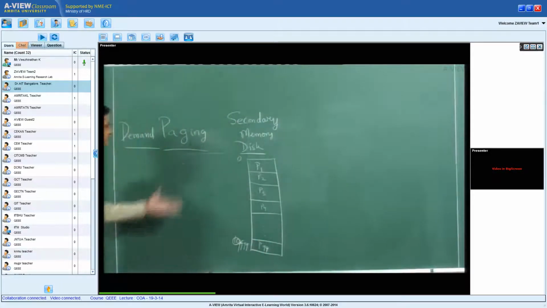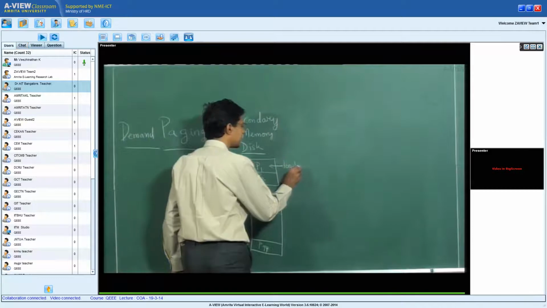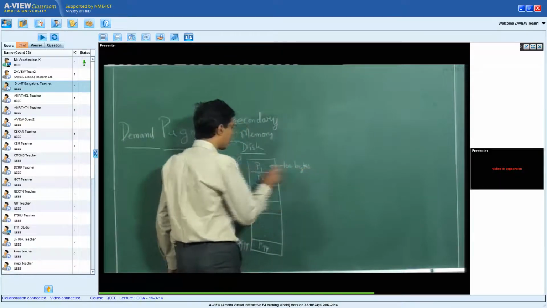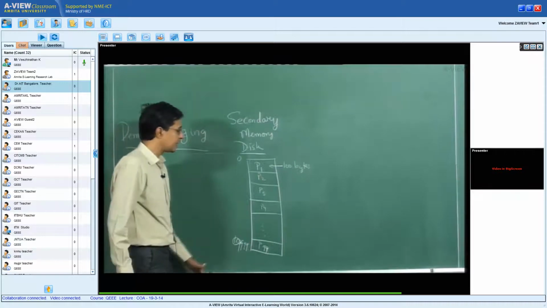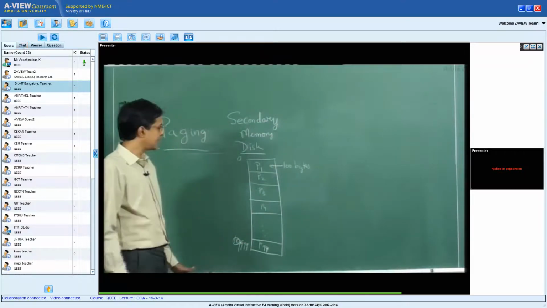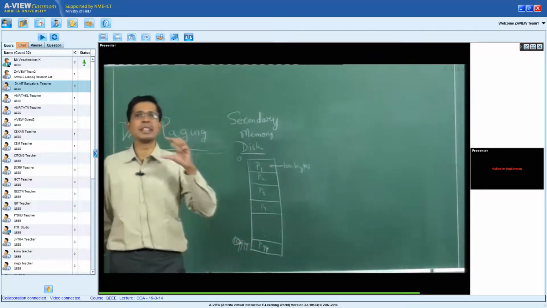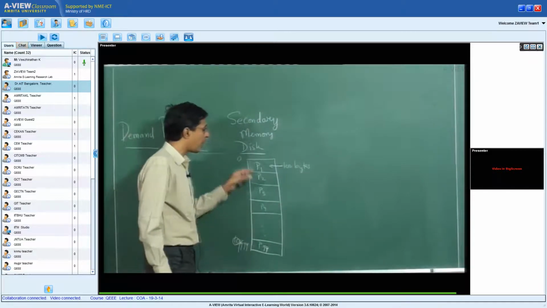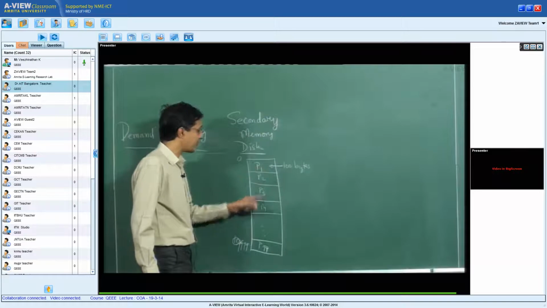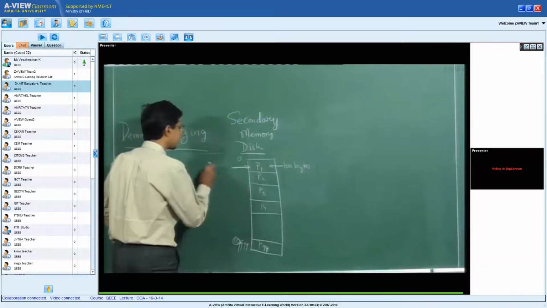I said totally 10,000 locations, so the size of each partition is, in our case, 100 bytes. So totally there are 10,000 bytes in the secondary disk. We are allocating 10,000 bytes, and I am splitting it into small blocks, and each block is 100 bytes. Each such block is called a page.